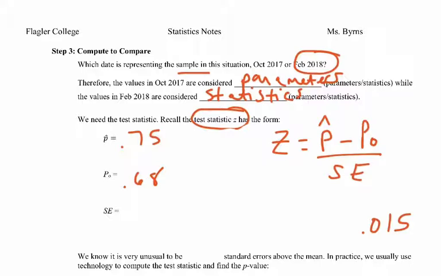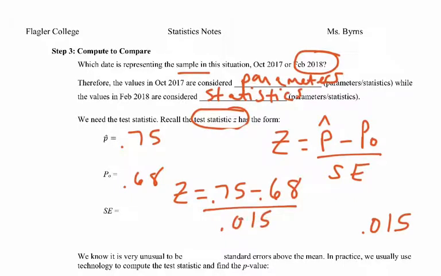All right, so my z-score, using that formula, is going to be equal to 0.75 minus 0.68 divided by my standard error of 0.015, and I'm getting a z-score of 4.67.